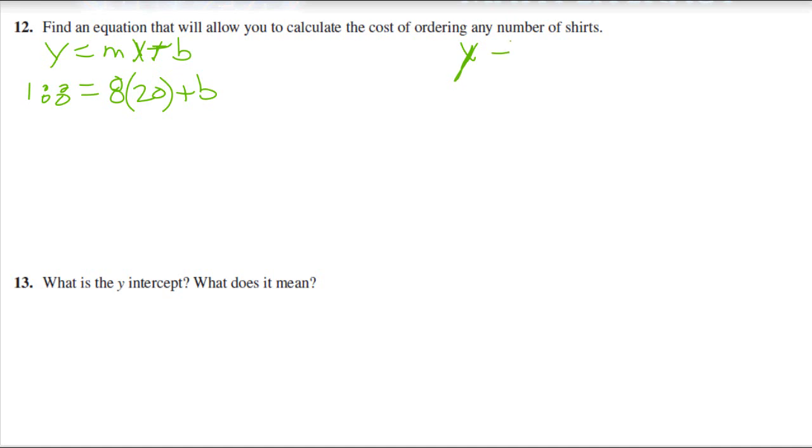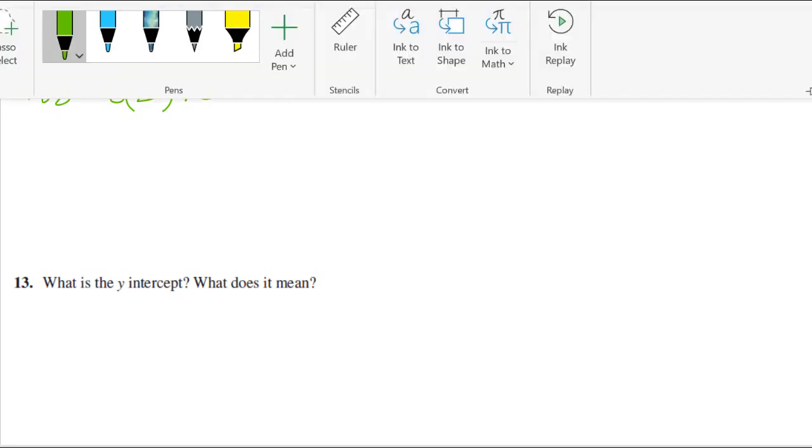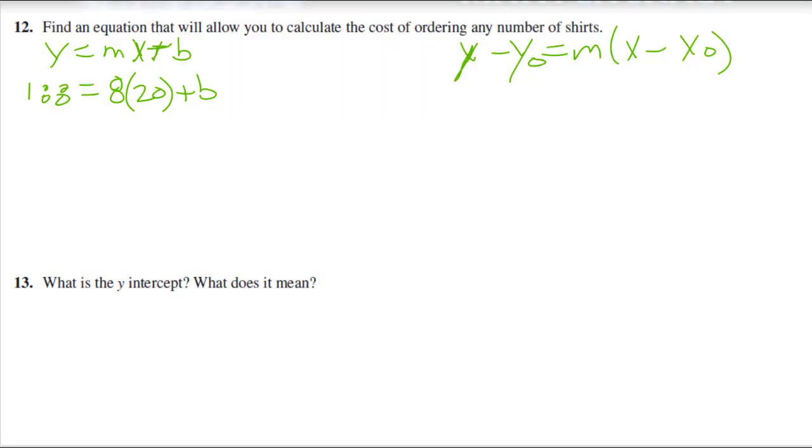Y minus y0 equals m times x minus x0. If it helps you to write those initially, you're welcome to go ahead and do that. If you don't want to, you don't have to. Then I'm going to plug in minus y0. I'm going to use the same point that I used in the y equals mx plus b form. Minus 20.